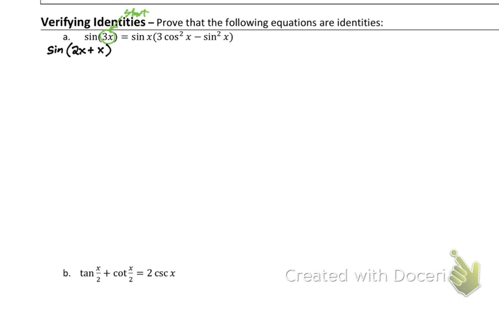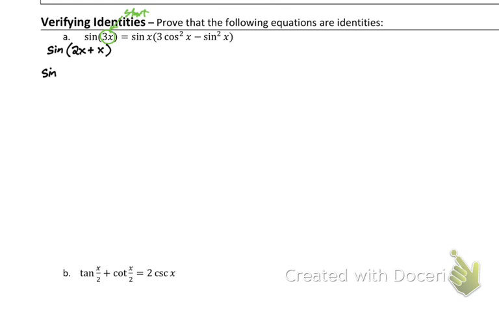And now I'm going to treat it as a sum. Do we have a formula where we add angles together? Yes. How does that work for sine? If I'm adding two angles in sine, what can I rewrite it as? Sine A cosine B plus cosine A sine B. So we're going to use the angle sum to rewrite this as sine of the first angle.